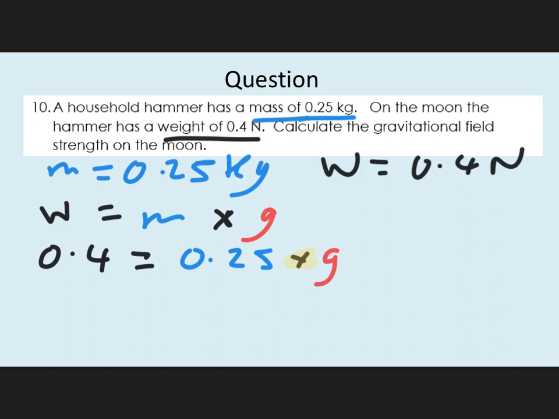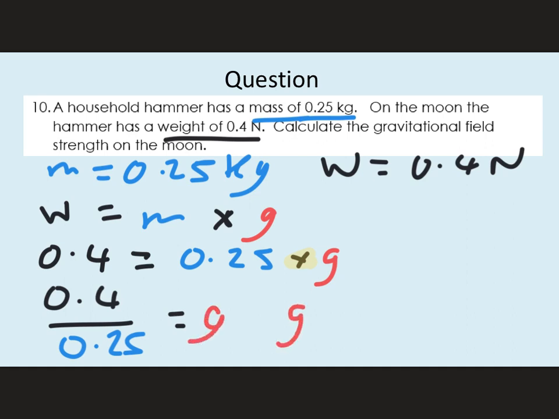So that equation becomes 0.4 over 0.25, and that is equal to G. So G then equals, we put our number into our calculator. So on the moon, we get gravitational field strength of 1.6 newtons per kilogram.